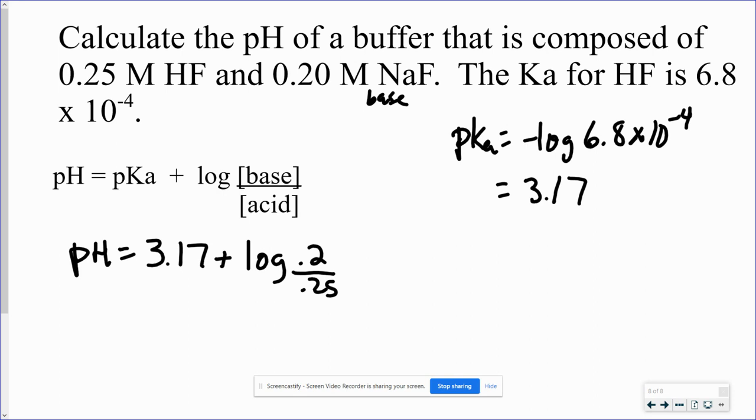The log of 0.2 divided by 0.25 is negative 0.097. So 3.17 plus negative 0.097, and the pH equals 3.07.